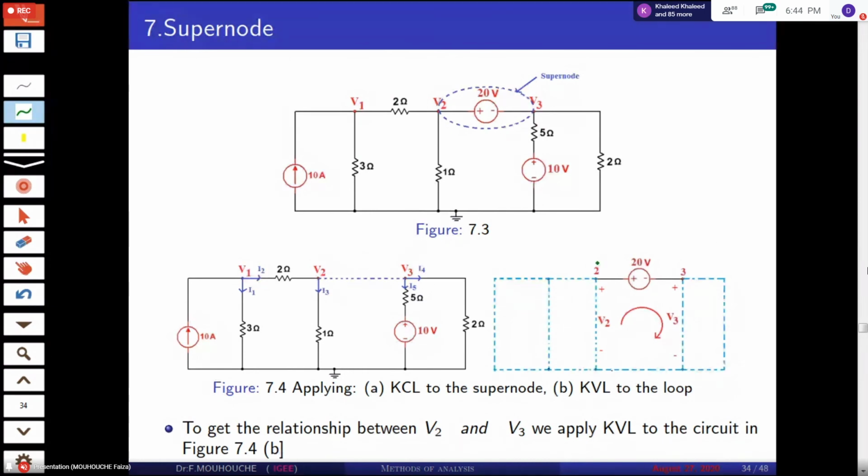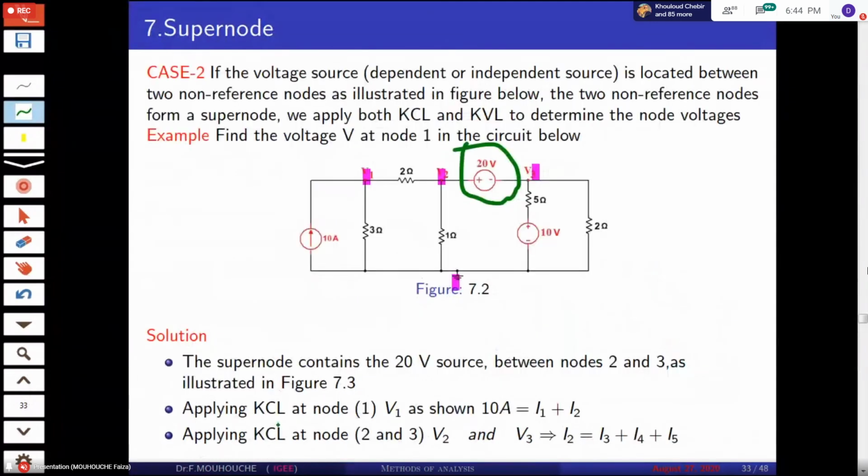Okay, we will go back. Apply Kirchhoff's current law at node V1 as shown, and apply it at nodes 2 and 3.